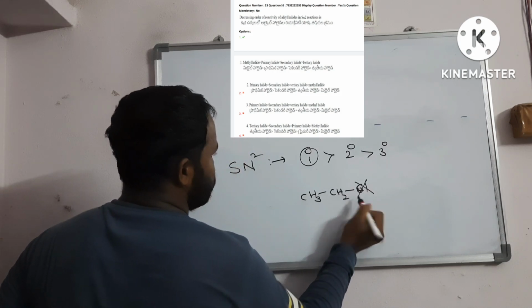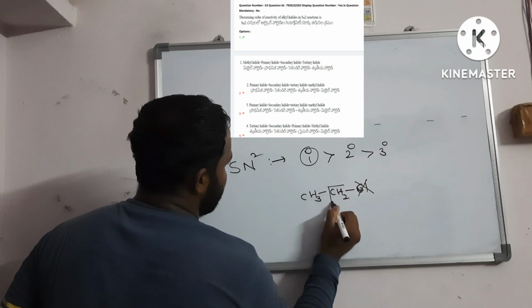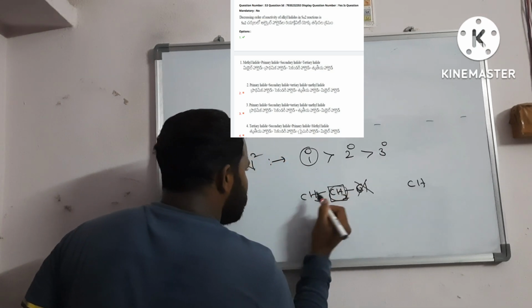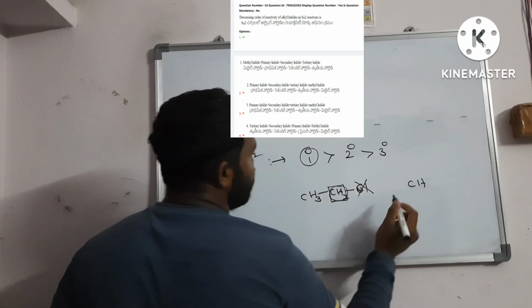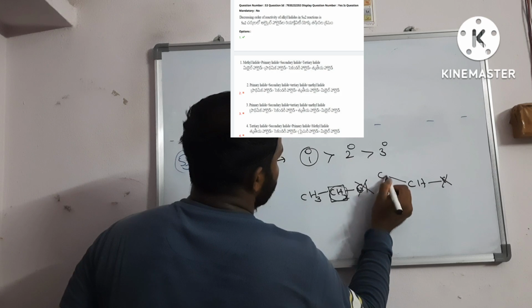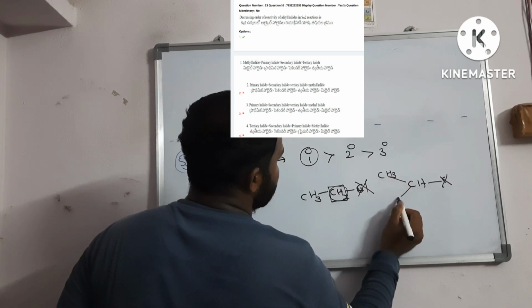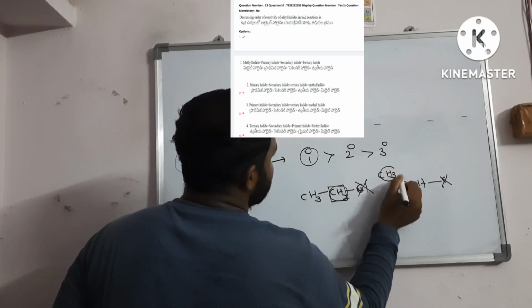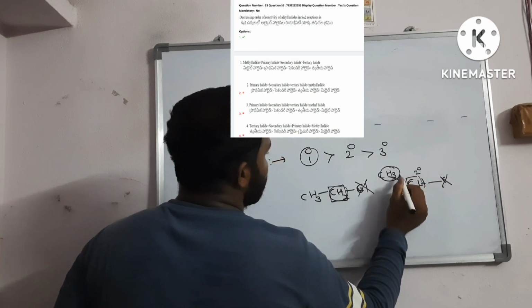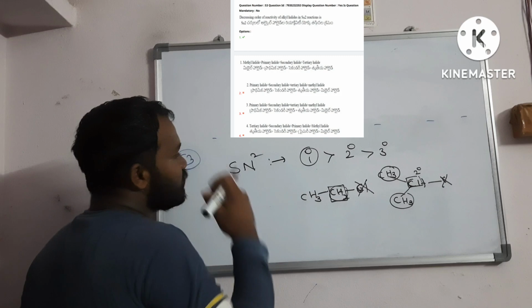I am taking chloride, or you can take X. So this is called a primary carbon, meaning only one carbon is attached to this carbon. This is X, right? If I take one more CH3, this is another CH3. So this is called secondary, meaning this carbon is attached to two alkyl groups. Hence it is secondary.